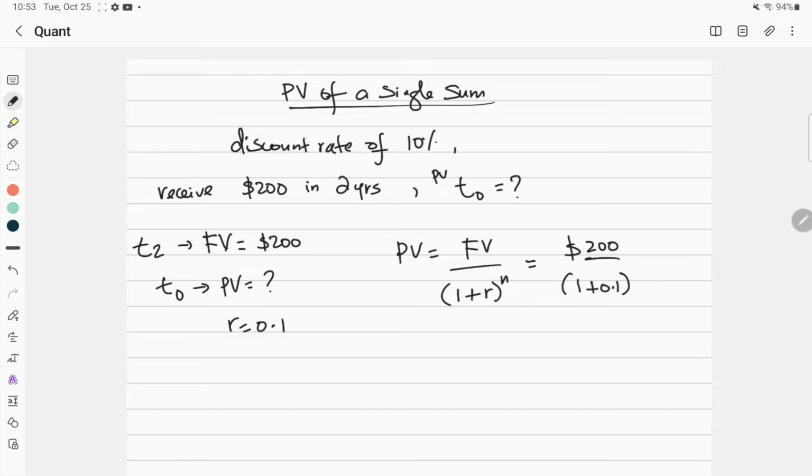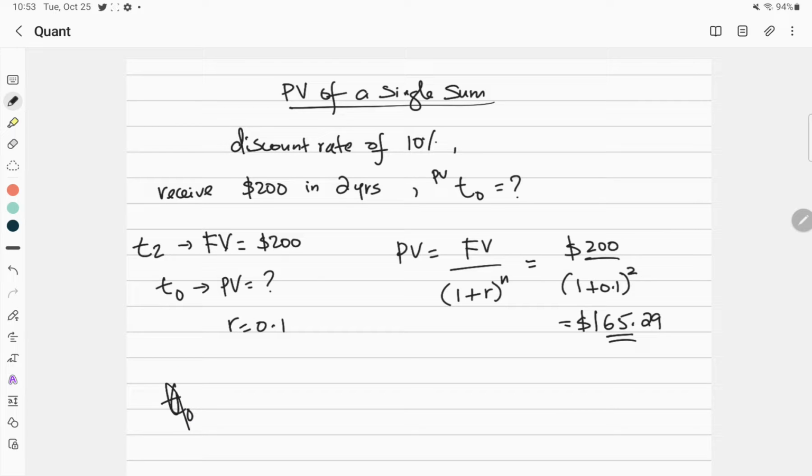And n is the number of periods, so this $200 is going to be paid 2 years later, so n is 2. Now if you do the simple calculation, this will give you $165.29.